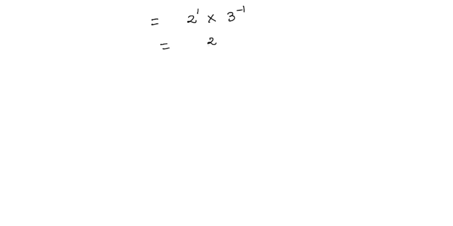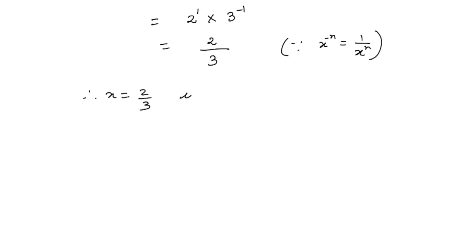So we can write 2 by 3, because 3 to the power minus 1 can be written as 1 by 3, since we know x to the power minus n can be written as 1 by x to the power n. So our answer is 2 by 3. Therefore, x is equal to 2 by 3, the required number here, and it is our required answer.